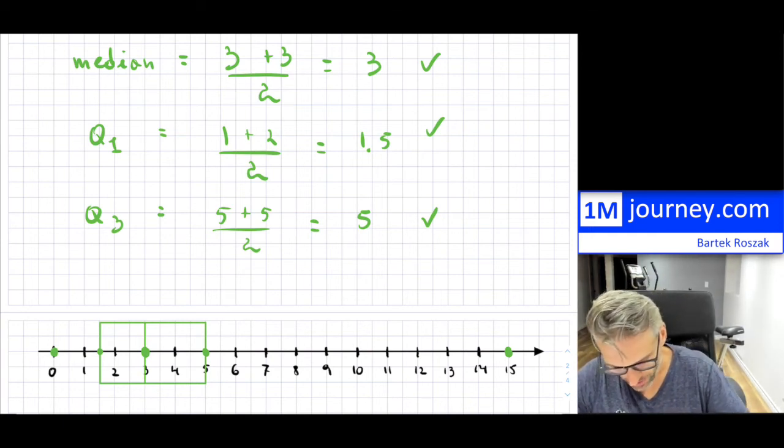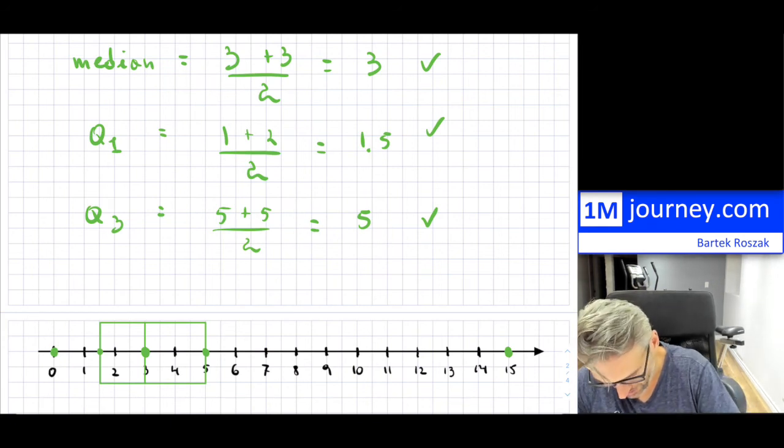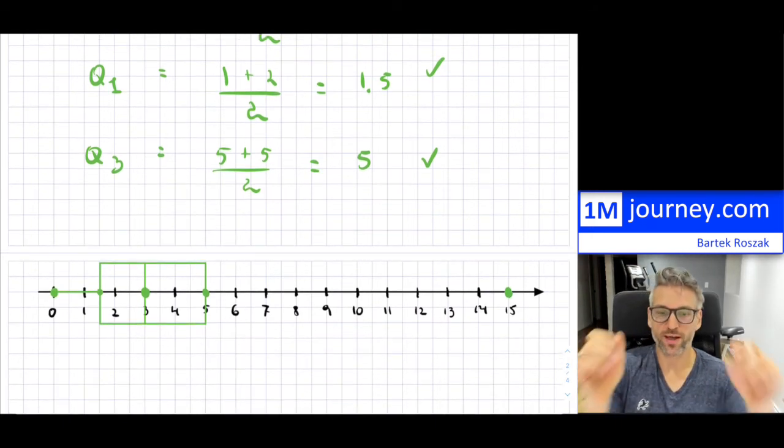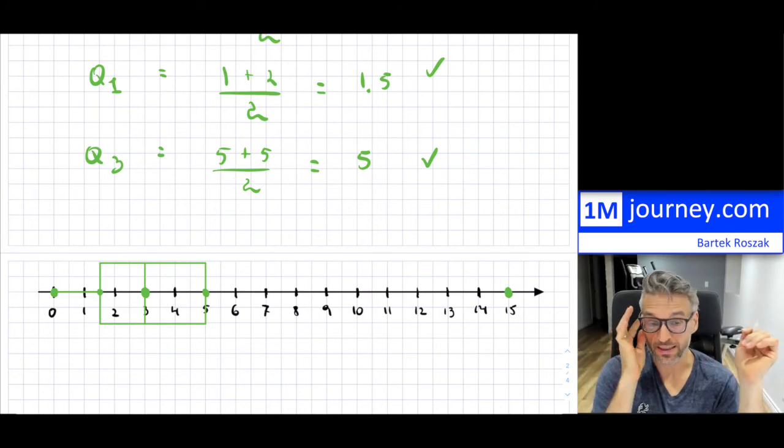Now my whiskers. I can draw a whisker right here, and notice the other whisker would have gone all the way up to 15.